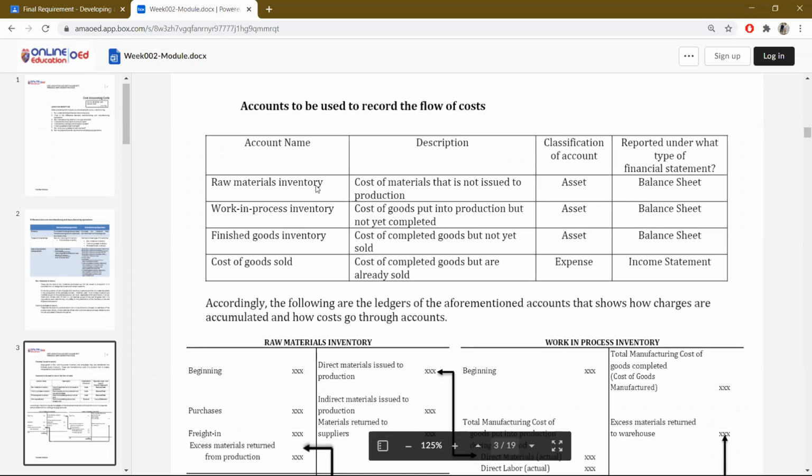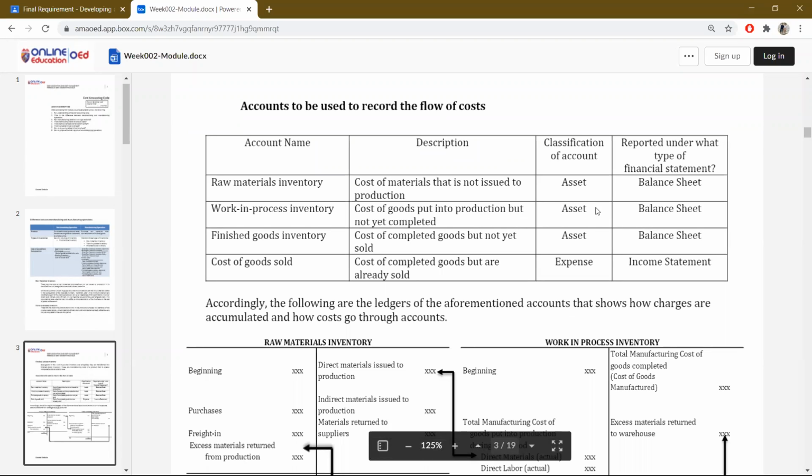Raw materials inventory, cost of materials that is not issued to production. It is an asset. It is presented in the balance sheet. Work in process inventory, cost of goods put into production but not yet completed.